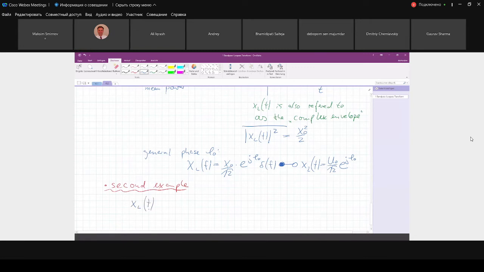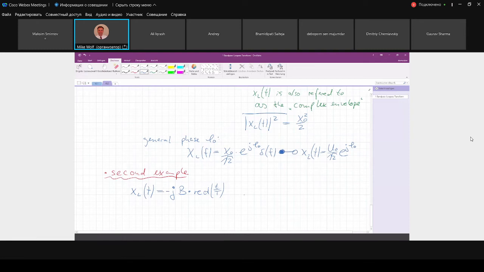The time domain signal would look like this: minus j, which seems to be something like a sine wave, probably, but we will see. Minus j times x_0, or say b. It's a certain value, times rect(t/T). So this is our time domain signal. We want to find the goal.